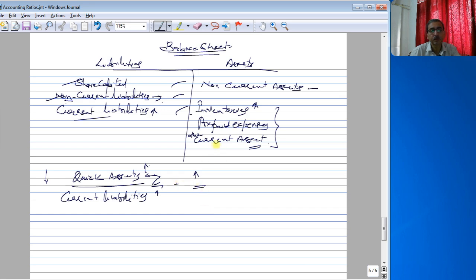In this situation, when machinery is sold, the non-current asset will be impacted, but no item of non-current assets is included in quick assets. But we assume that the cash will be realized in the next 12 months. So in this case the quick assets will increase, but there is no change in current liabilities. Overall, the ratio will increase.